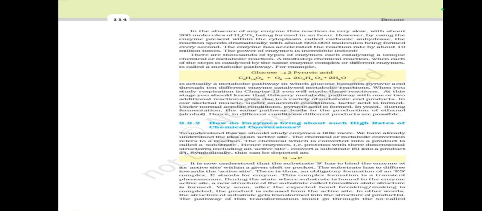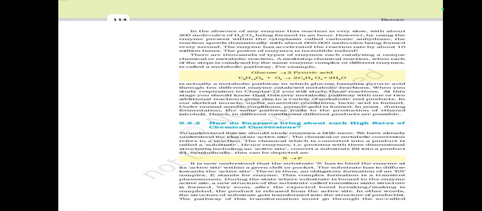At this stage, you should know that this very metabolic pathway, with one or two additional reactions, gives rise to a variety of metabolic products in our skeletal muscles.